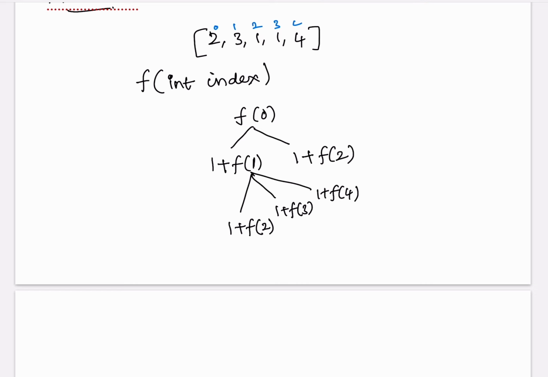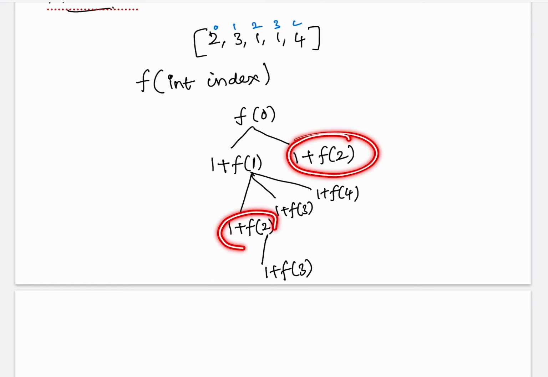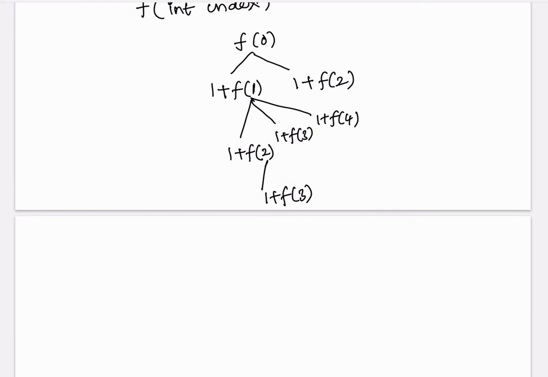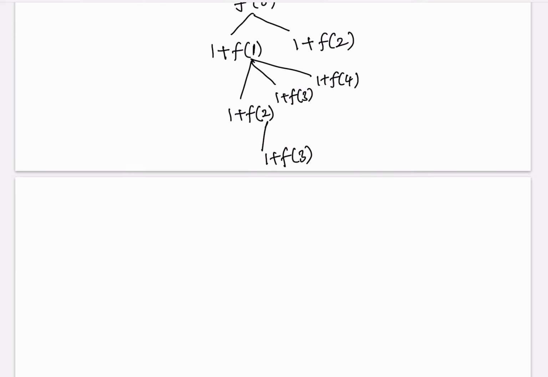So you can go 1 plus f of 3. And this is repeated, so you don't have to calculate it further, and similarly this one also, both are repeated. Since you are doing memoization, it's perfect not to recalculate the same thing again and again.